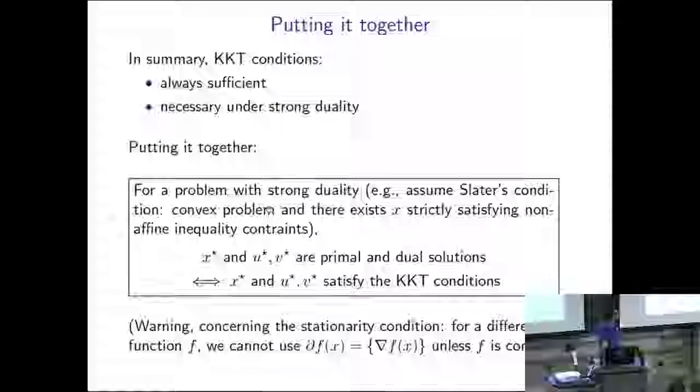If a primal problem is convex, and there are feasible points that satisfy the inequality strictly, so Slater's condition holds, then you know that you have strong duality. And then the KKT conditions are necessary and sufficient for optimality. They're satisfied if and only if you have a primal and dual solution.